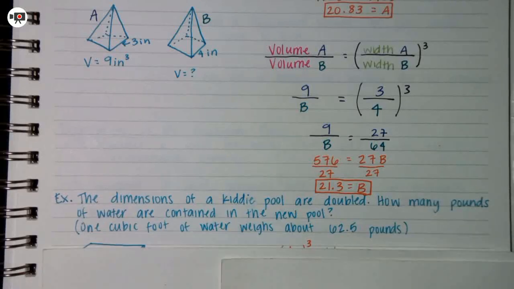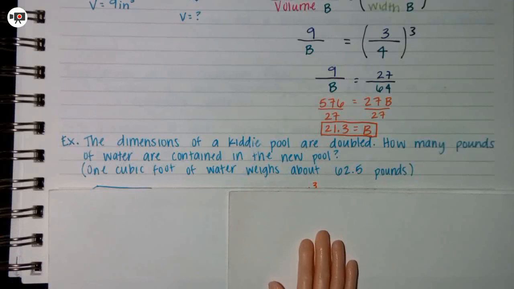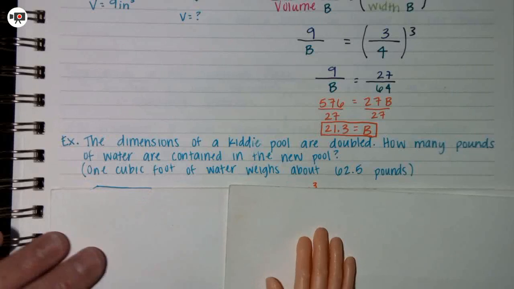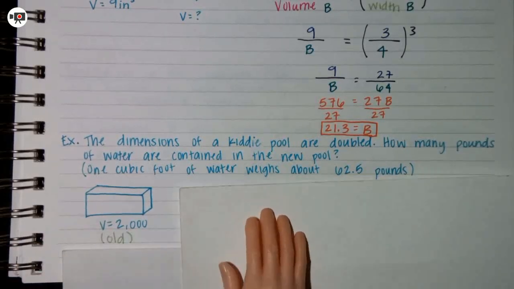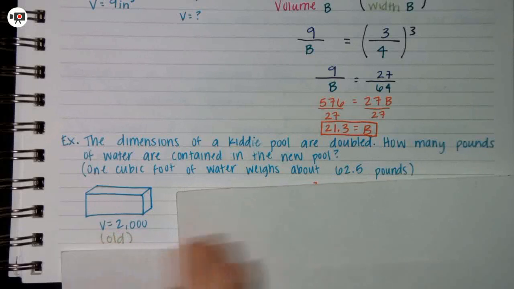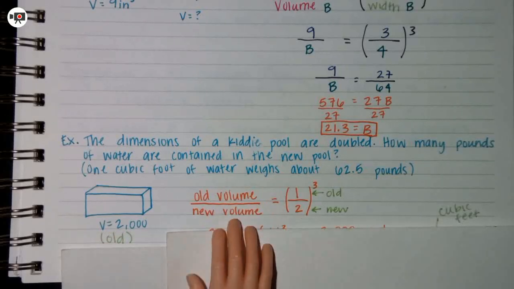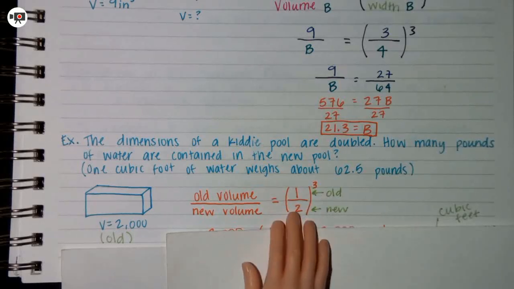The dimensions of a kiddie pool are doubled. How many pounds of water are contained in the new pool? 1 cubic foot of water weighs about 62.5 pounds. Okay, so let's see. The old kiddie pool here has a volume of 2,000, and we know that the old volume compared to the new volume is 1 to 2 because the dimensions are doubled.